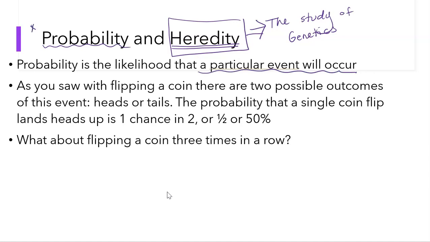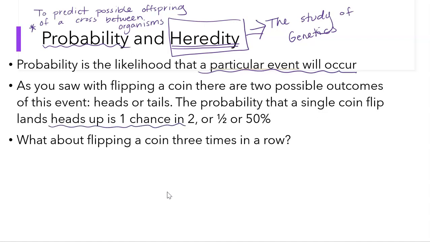And again, we're using probability because we don't know how many offspring are going to be at a time, and it's just a prediction for what offspring they could have. So if you flipped a coin, then you would see that there's only 2 possible outcomes, heads or tails. The probability that a single coin flip lands heads up, there's a 1 out of 2 chance, or 1/2 or 50%.